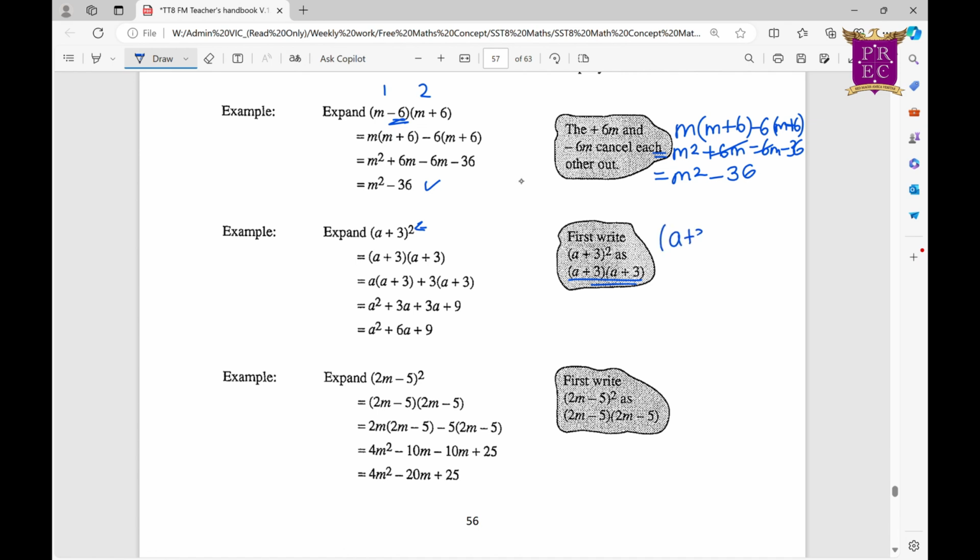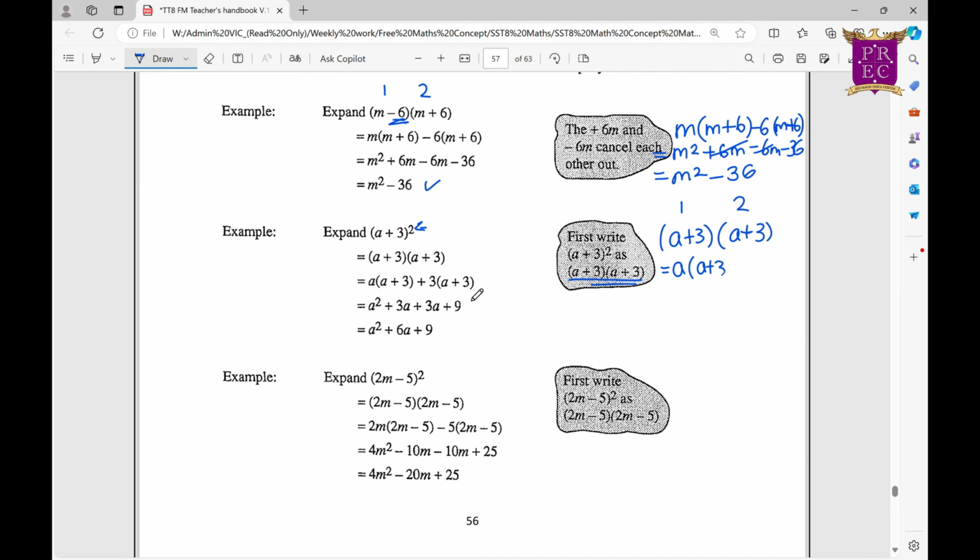And so you write it out like so, and you have bracket number 1, bracket number 2, and if you break it up, the first term is a, plus 3, that's the second term, a plus 3, and a times a is a squared, plus a times 3 is 3a, plus 3 times a is 3a, plus 3 times 3 is 9.